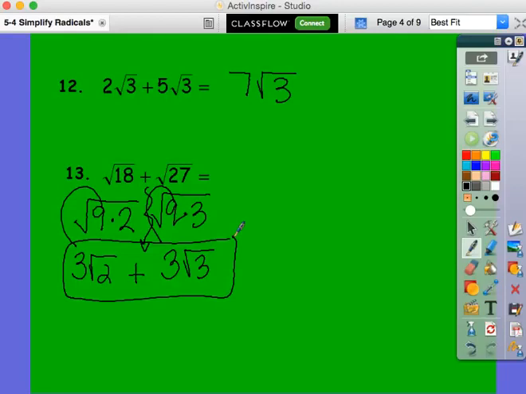So you see how we did 9 times 3 and then 9 times 2. They can be whatever numbers we need to make it simplified, right? Well, make sure that one of the numbers you choose is on your list of perfect squares. So even though 6 times 3 is 18, 6 isn't a perfect square, and neither is 3. So you wouldn't want to use that pair.